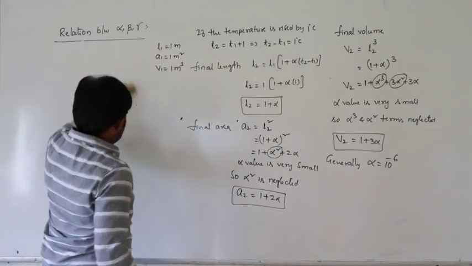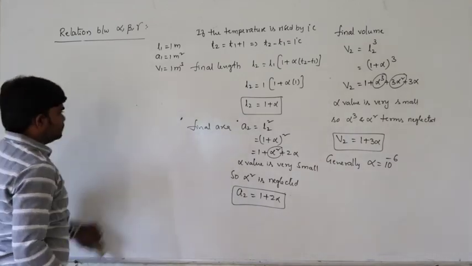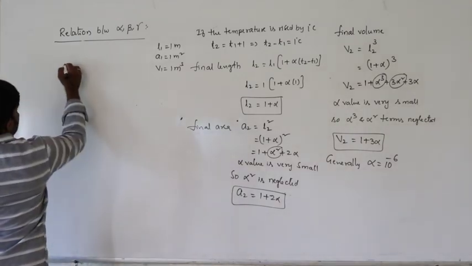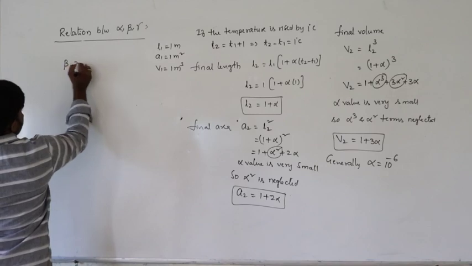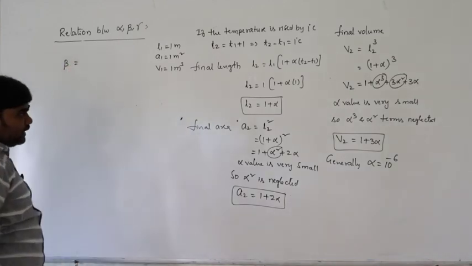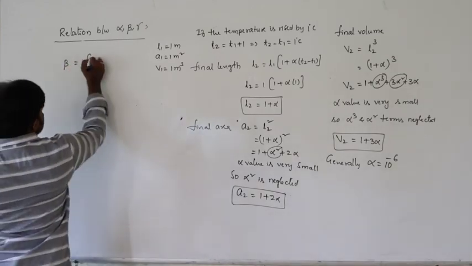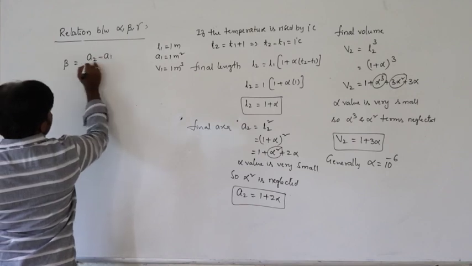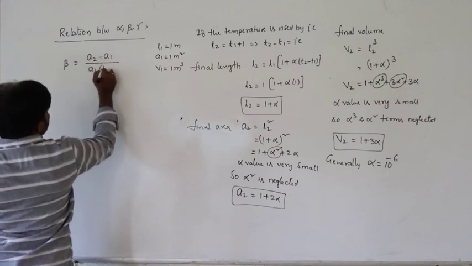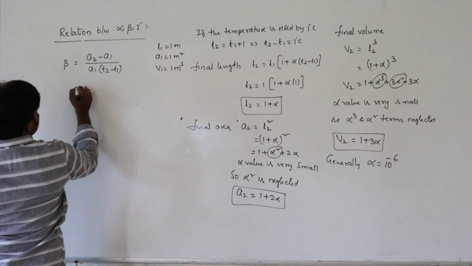So next, according to the definition, beta, the coefficient of areal expansion. Beta formula is A2 minus A1 by A1 into T2 minus T1.